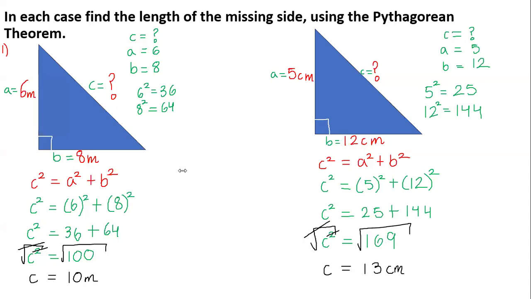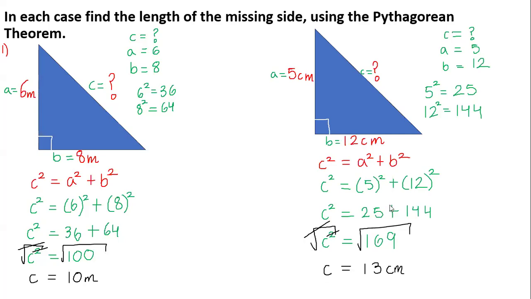So first you write c to the power of 2, and you write down the steps. And after that, you see what numbers they gave you: a is 5 to the power of 2 and b is 12 to the power of 2. Then you say 5 times 5 gives you 25, and 12 times 12 gives you 144.